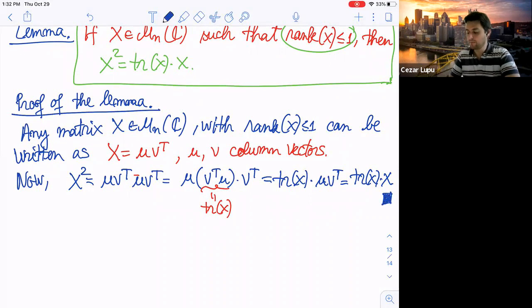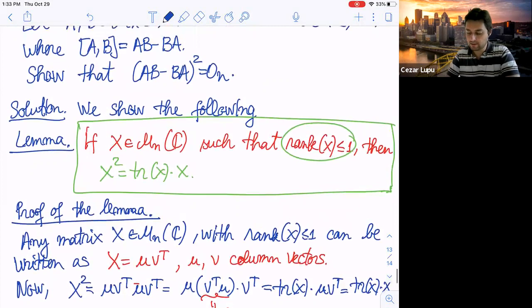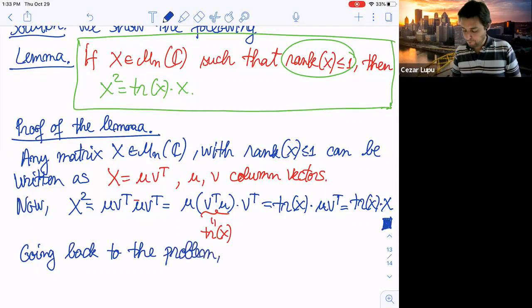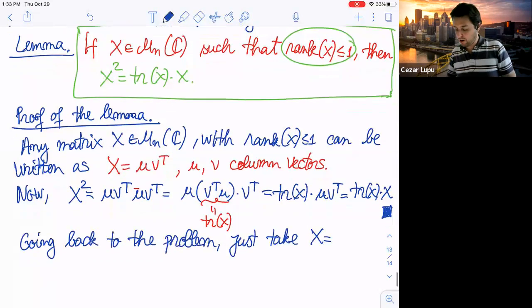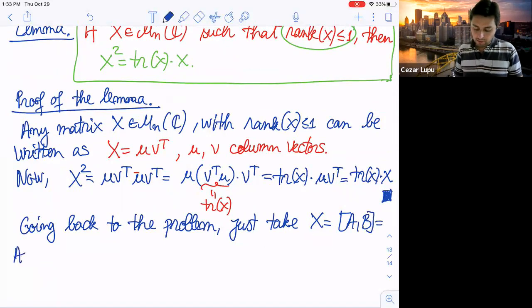Okay. Now let's see our problem. At this point, going back to the problem, you just take X to be the additive commutator, the bracket AB minus BA.